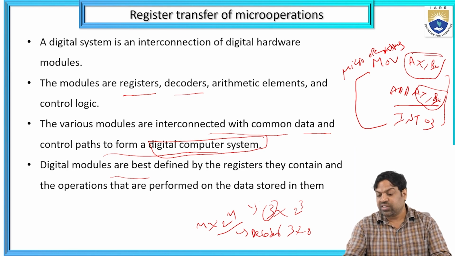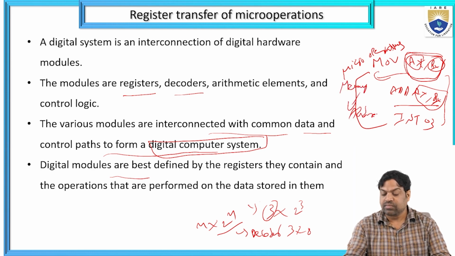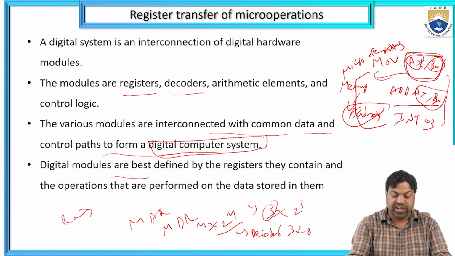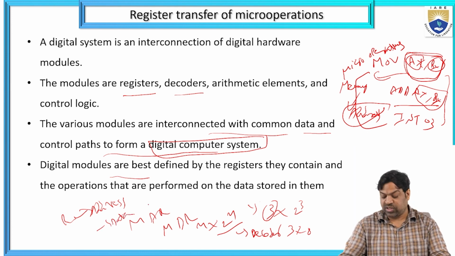What instructions am I taking? Where are these registers defined, and where is the memory? I have to go for the memory address of that one, the memory address register and memory data register. For every register I need an address and data.